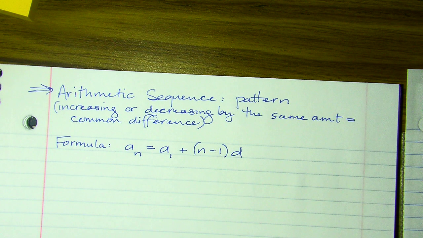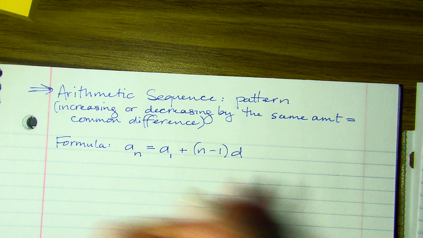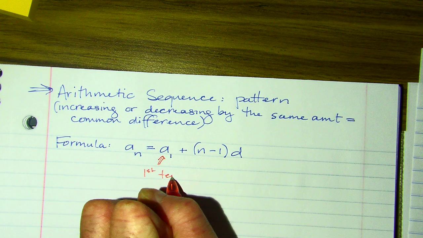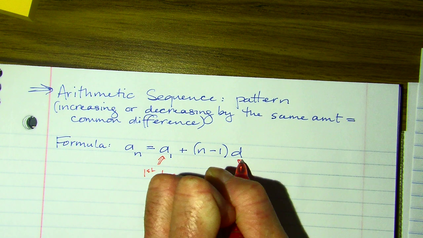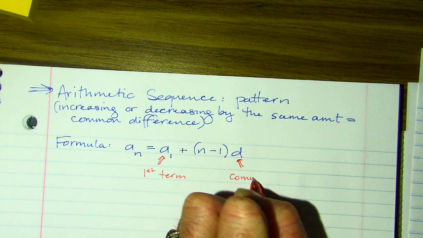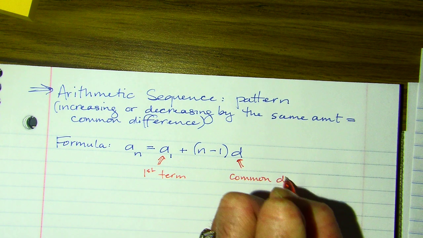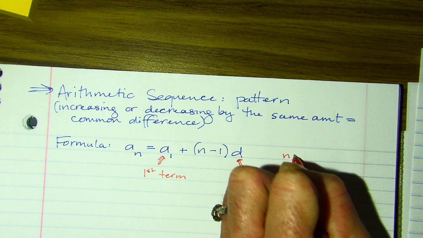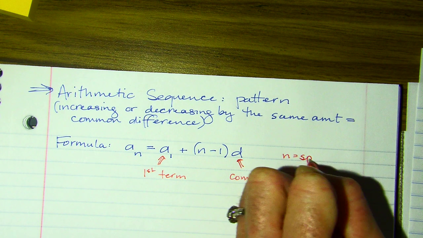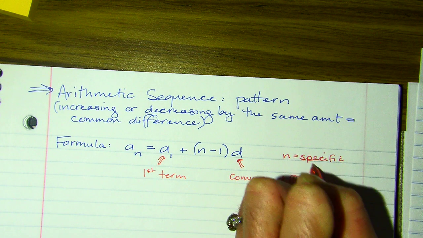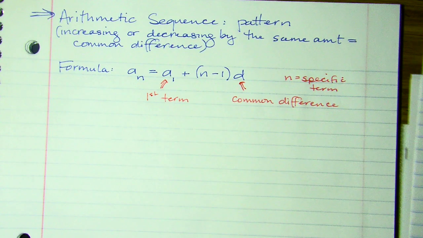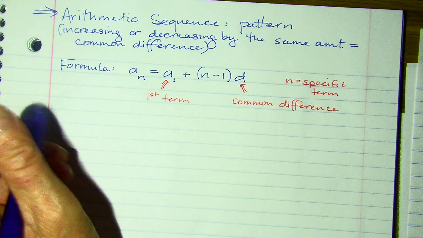Now I'm going to go over the parts. A1 is the first term. d is your common difference. And n is the specific term. So we're going to jump right in doing an example so you can understand this better.